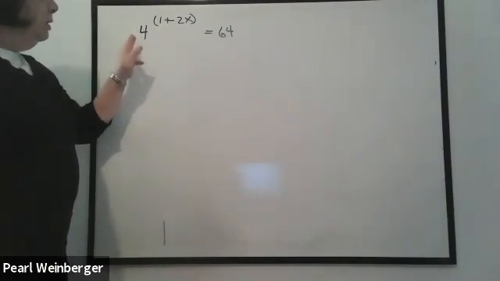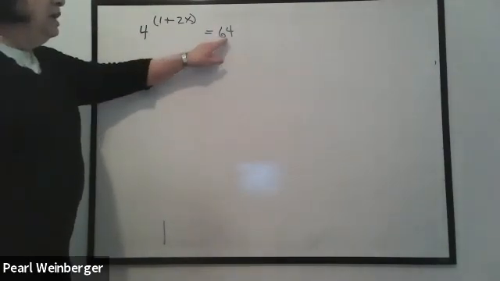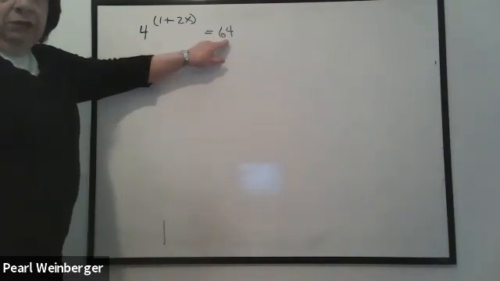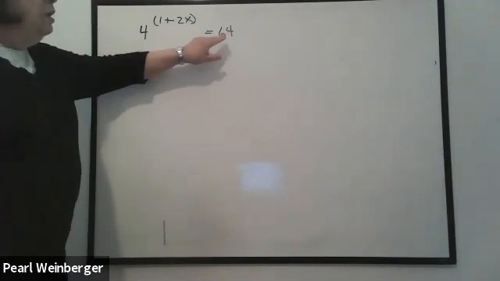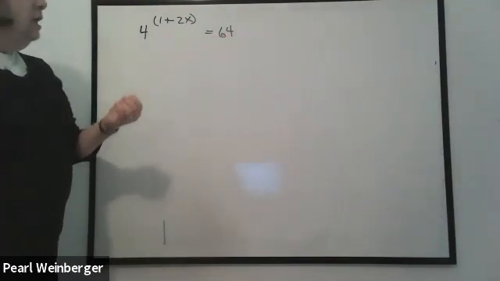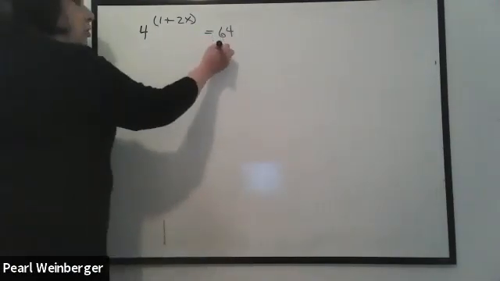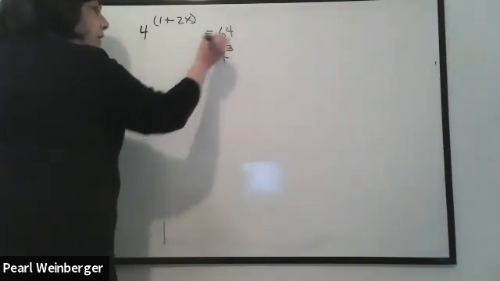This says base 4 to the exponent 1 plus 2x. See if you could put the number on the other side in terms of base 4 also. Can you write this number as 4 to some exponent? And it turns out that you can, because 64 could be written as 4 to the third power.